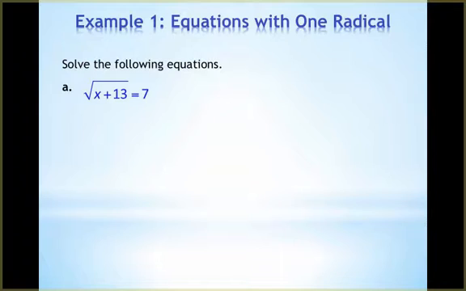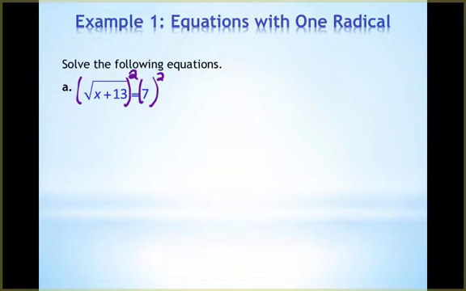So we want to solve our first equation. We want to make sure that we have our square root isolated on one side of the equation, which we do. We have a square root equals and then our number. Now we're going to raise both sides of the equation to the power that corresponds to the index. Remember that this is a square root, so the index is 2, so we want to square both sides.